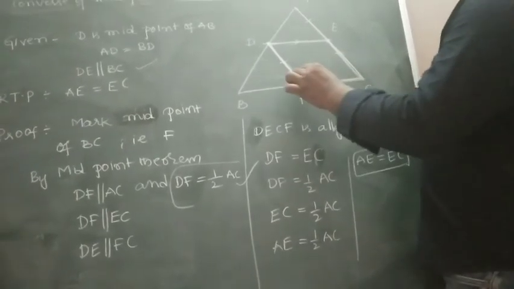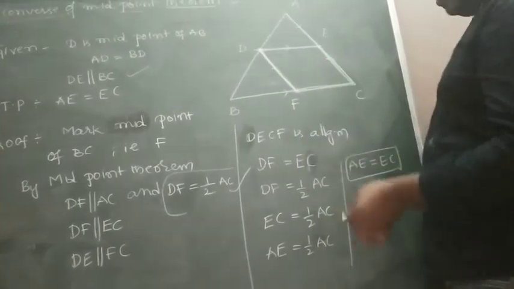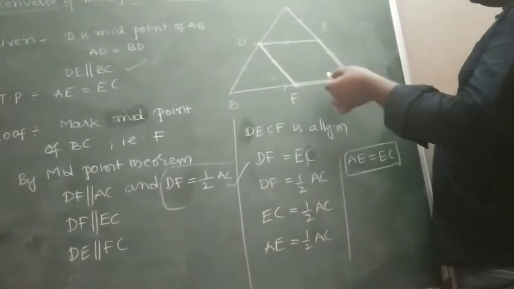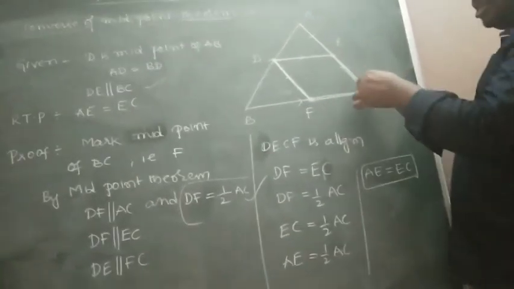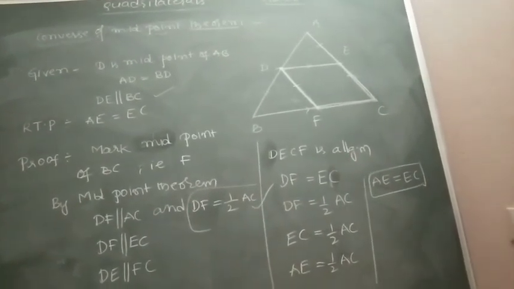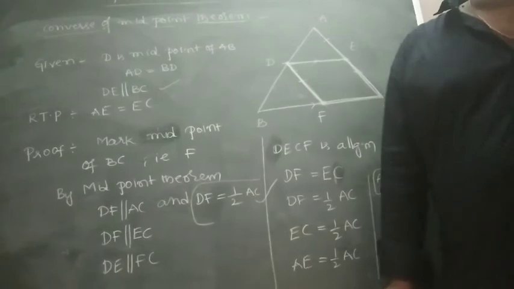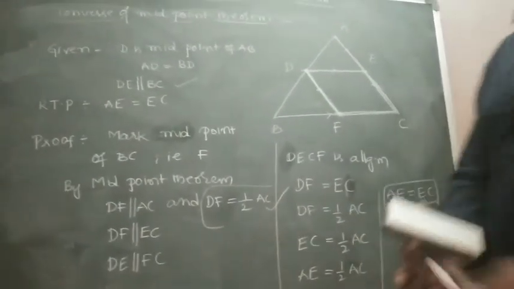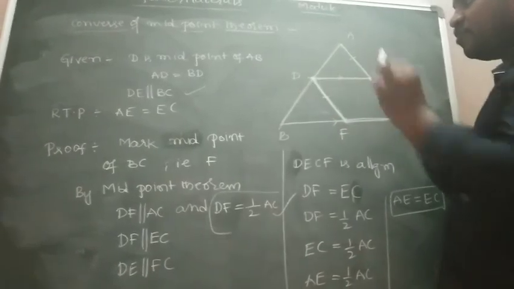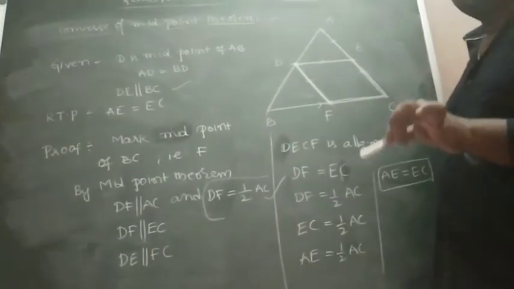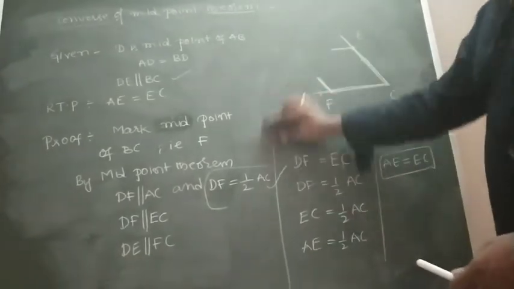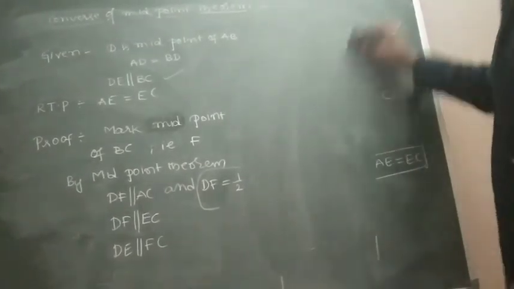Then AC is equal to 2 times DF, which means 2 times EC. Therefore, EC and AE are equal to each other. This is the converse of the midpoint theorem, children. A line segment drawn through the midpoint of one side, parallel to another side, will bisect the third side.